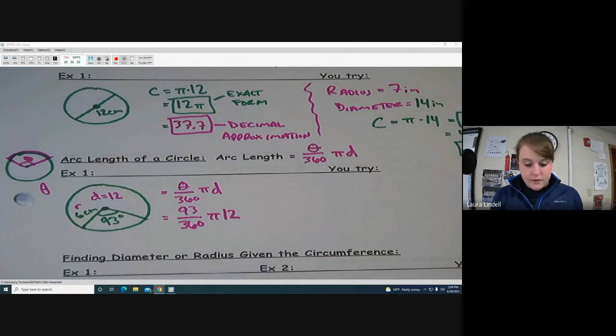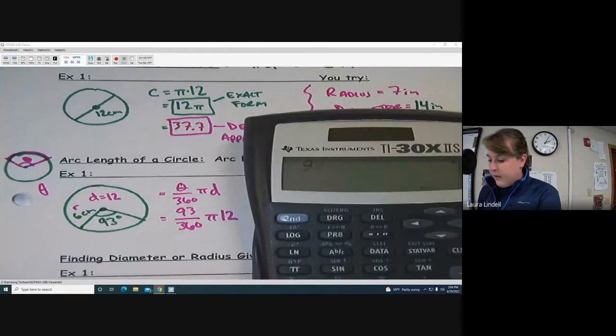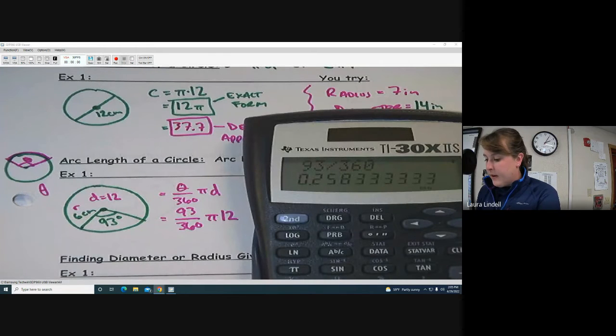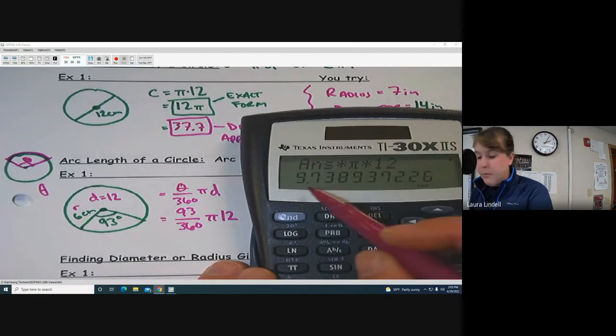And then we're going to type all of this into the calculator. Here's how I'm going to type it in. I'm going to go 93 divided by 360. And then times pi times 12. And we get 9.7.